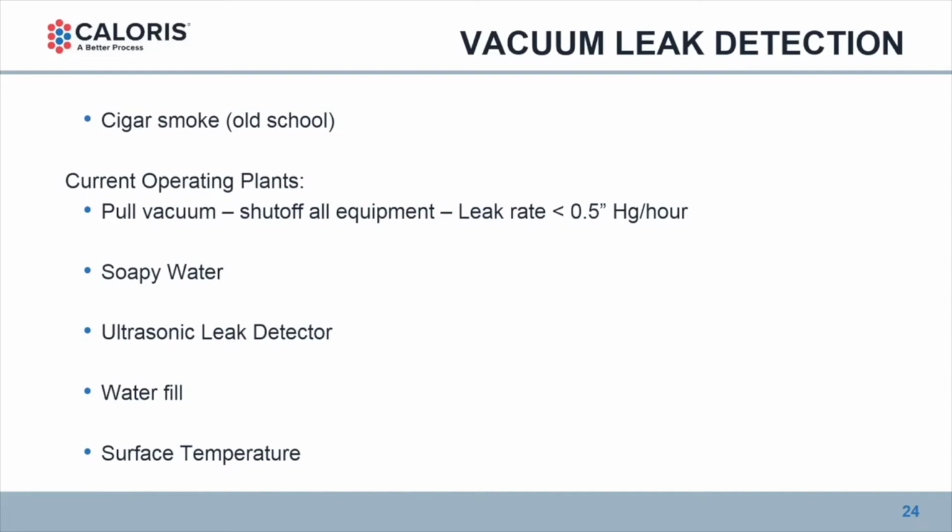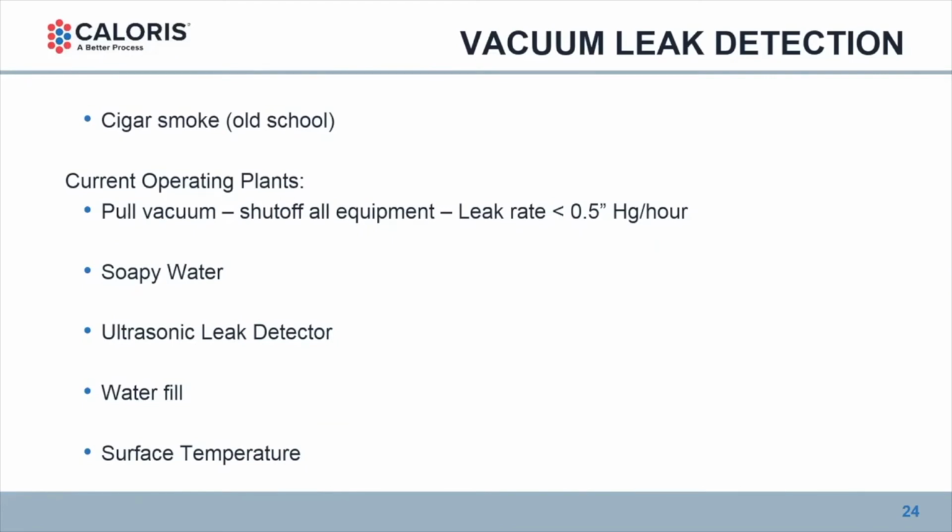As a general rule, if you are walking around a plant and you suspect you're running hot and you've got some vacuum leaks, or maybe you're not venting properly, it doesn't hurt to go around and put your hand on the surface of the shell and tube heat exchangers at the low end, carefully, of course.